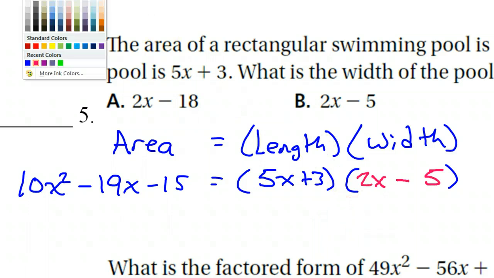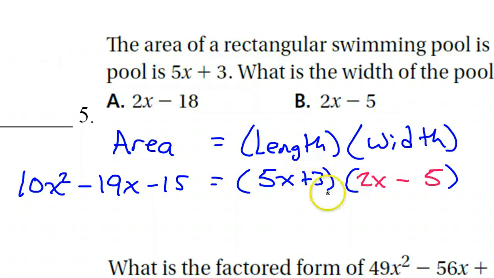Just for fun, we can check the inner, outer, middle, but we already know that this has to be the answer. Now, the inner plus the outer has to equal the middle. This is the middle. Inner, I have positive 6x. Outer, I have negative 25x.